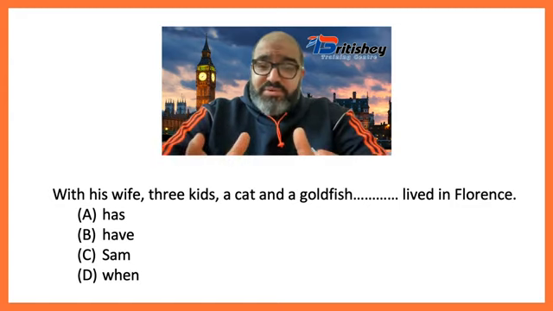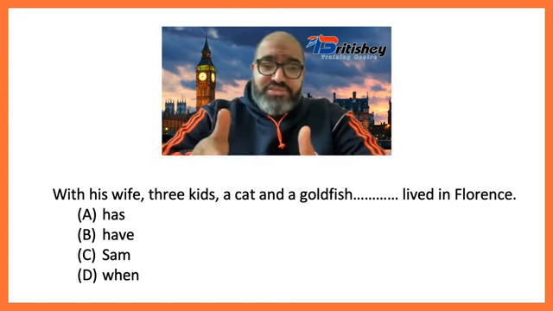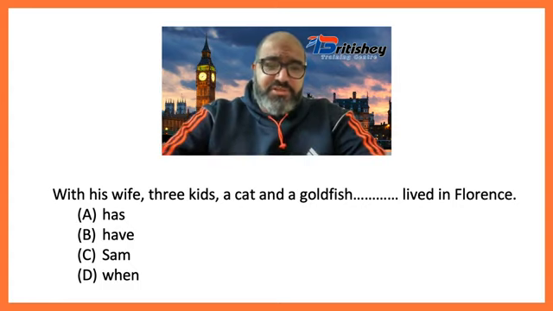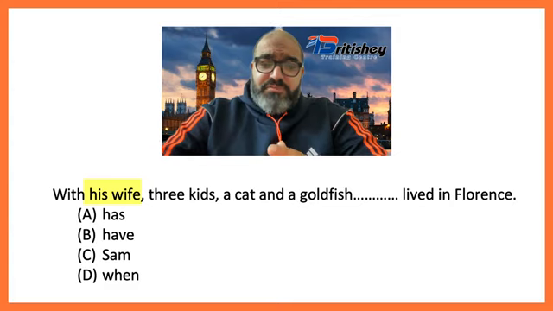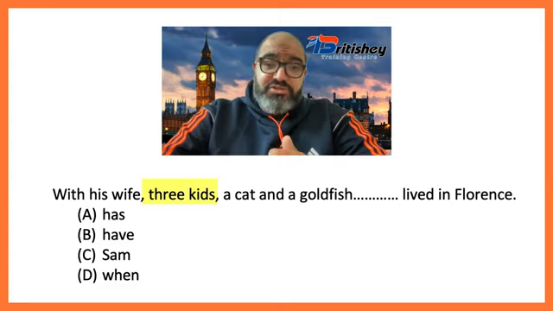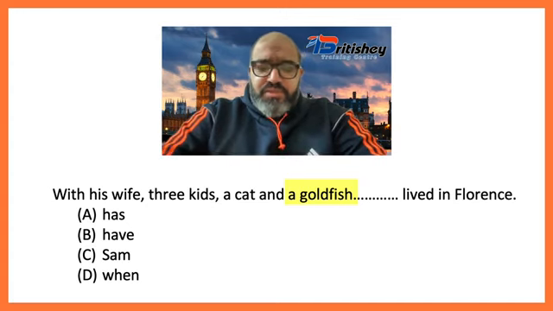As long as it is a preposition, whatever comes after it is an object of that preposition. So we have his wife, that's a noun, object of the preposition, 3 kids, object of the preposition, a cat, object of the preposition, and a goldfish, object of the preposition.